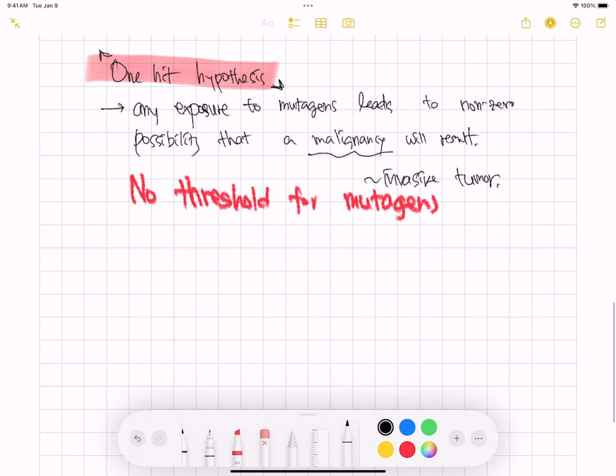Okay? So being classified as a carcinogen or mutagen is really serious.